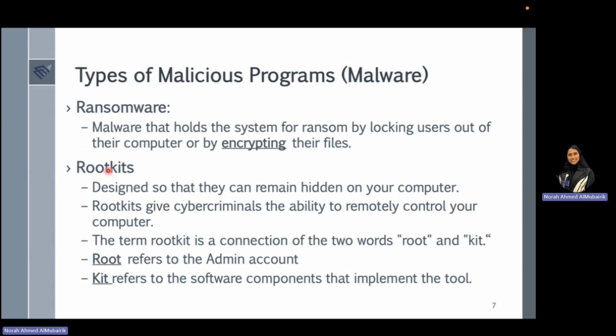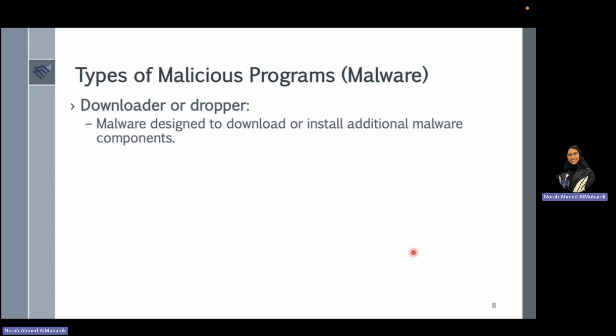It's not easy to detect a rootkit, so it can remain hidden on the computer. Also, cyber criminals have the ability to remotely control the whole computer, such as a backdoor. The term rootkit is a connection of the two words root and kit. Root is the root privileges, root account, admin account, while the kit is the software required to install the rootkit.